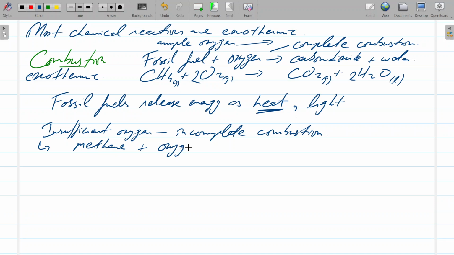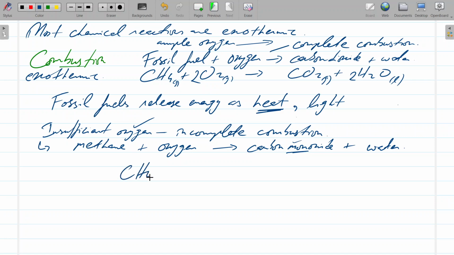So those are there, but knowing that it's not enough, you're going to get carbon monoxide and water. So where is the difference showing up? The difference is showing up in carbon monoxide. You've got less oxygen, and so you're getting carbon with only one oxygen, not two of them.